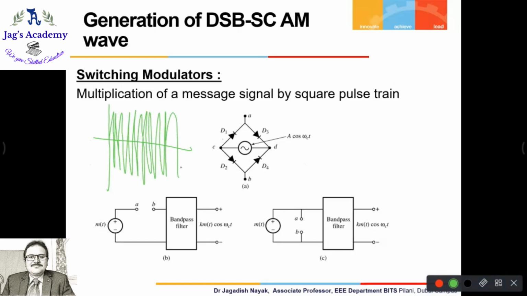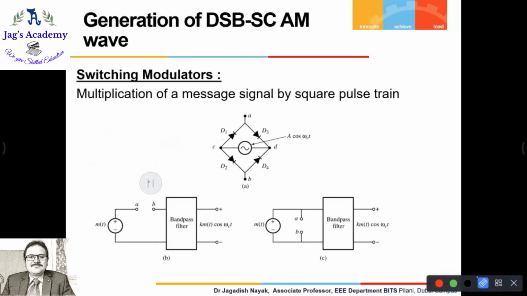Same amplitude. But I will just try to zoom it and show you what happens to these diodes and all. You have to tell me now. It's quite easy. Suppose this signal is A cos omega ct, and the angular frequency is omega c.